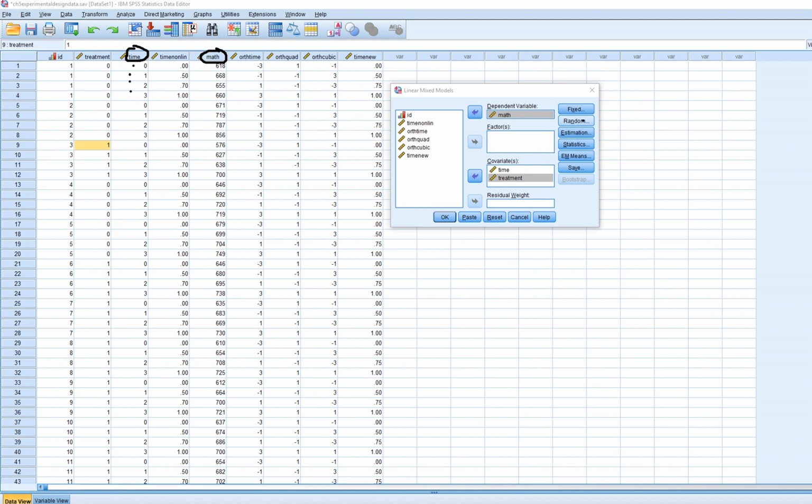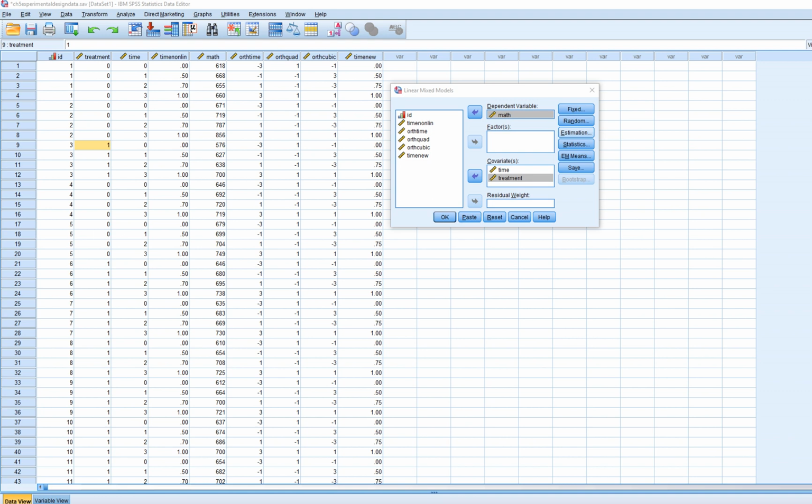But because we've clicked under random and included time as a randomly varying component of those growth trajectories, we're allowing variation in the slopes over time. In other words, the students can exhibit variation in those linear trajectories.